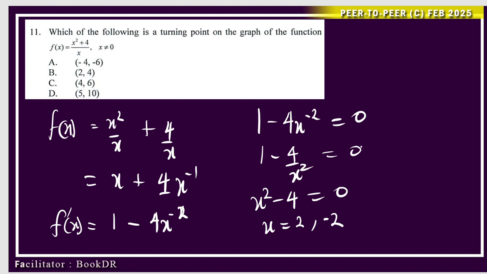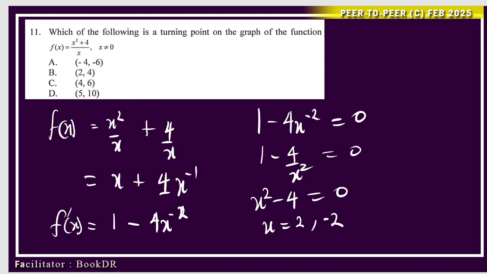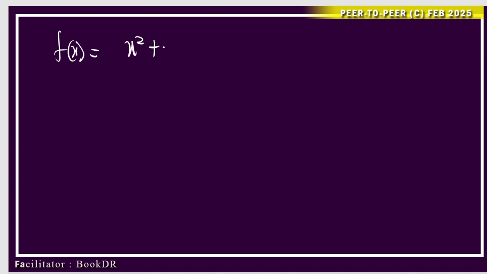Let's do the quotient rule again. I don't understand why we are not getting the same thing. So that is the beauty of mathematics. So f of x is equal to x squared plus 4 all over x.